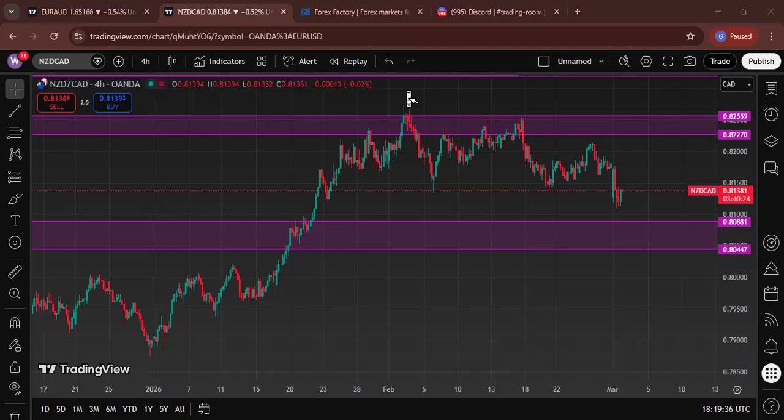The largest market participants are usually not in the Asian session. They are found in London and New York. The Asian session is usually those Asian markets, the JPYs, the NZDs, the AUDs. That is why you find those pairs usually consolidate a lot, and they usually don't have a lot of volume or volatility.